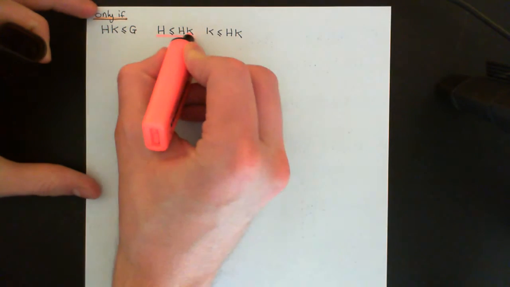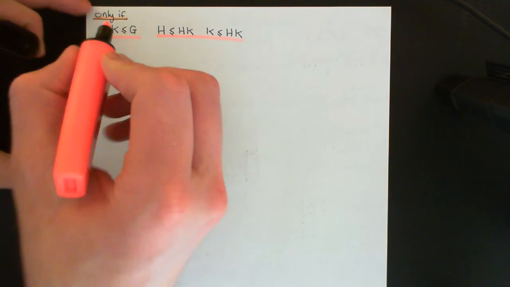So we can conclude that both of the original subgroups are indeed in the product of H and K here.